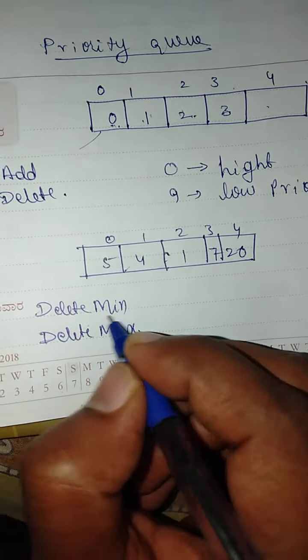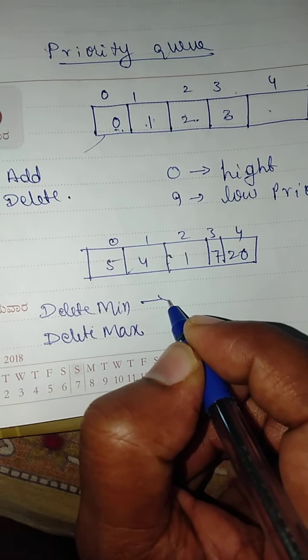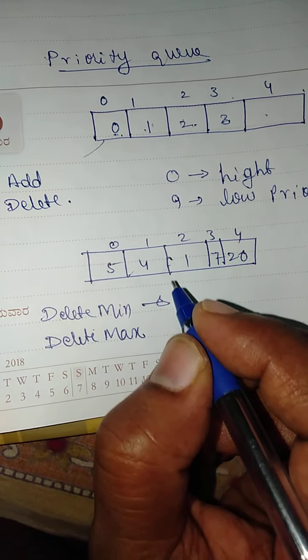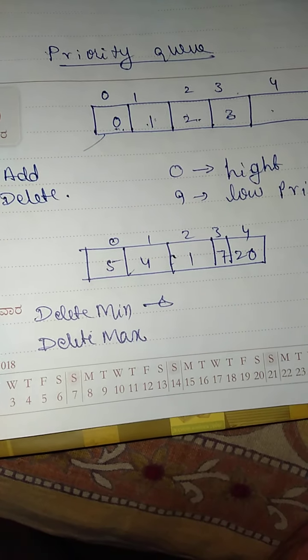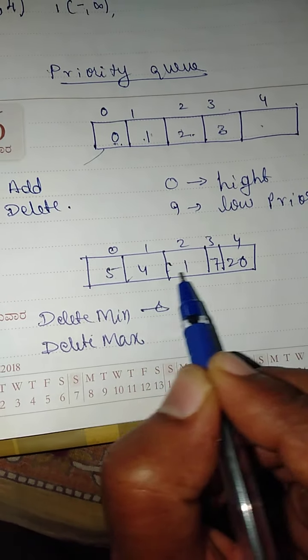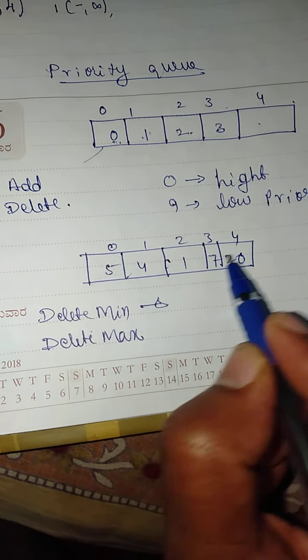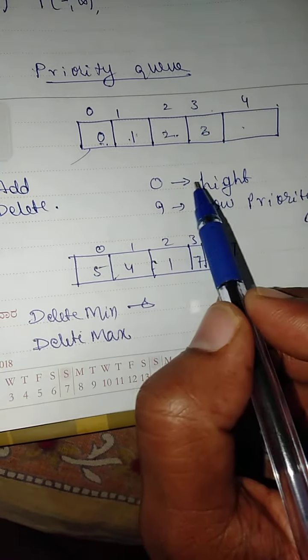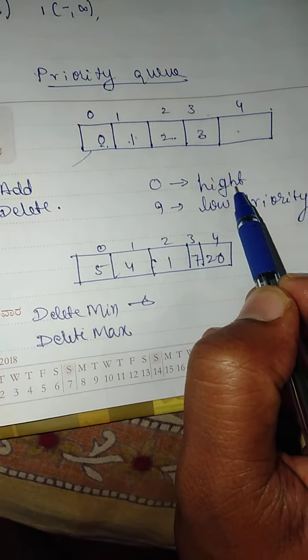What do you mean by delete min? This operation deletes the minimum priority element from the queue. Out of all these elements, which is the minimum priority element? Yes, element 4, because this is 20 and we have defined 0 to be the highest priority.